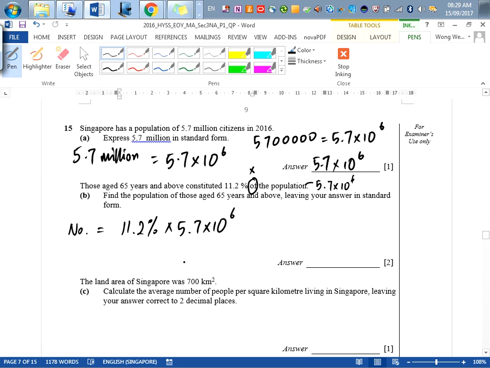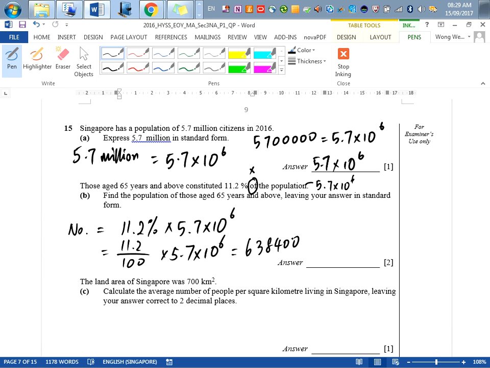And 11.2%, I can change into a fraction or a decimal. This is 11.2 over 100 times 5.7 times 10 to the power 6. That gives me 638,400. Okay, is this the answer they want?